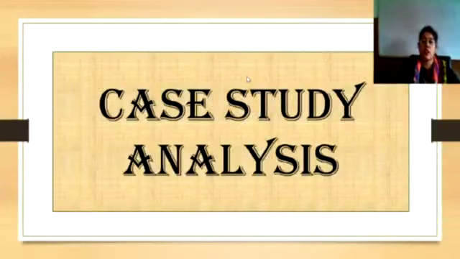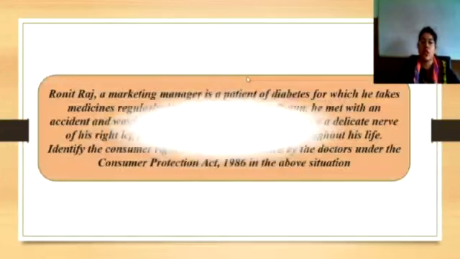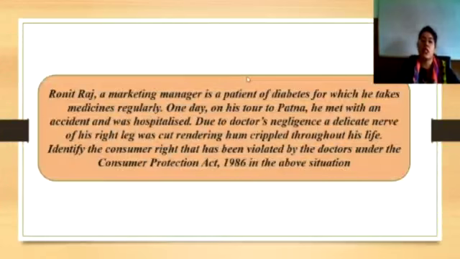Now, case study analysis. Ronit Raj, a marketing manager, is a patient of diabetes for which he takes medicines regularly. One day, on his tour to Patna, he met with an accident and was hospitalized. Due to the doctor's negligence, a delicate nerve of his right leg was cut, rendering him crippled throughout his life.